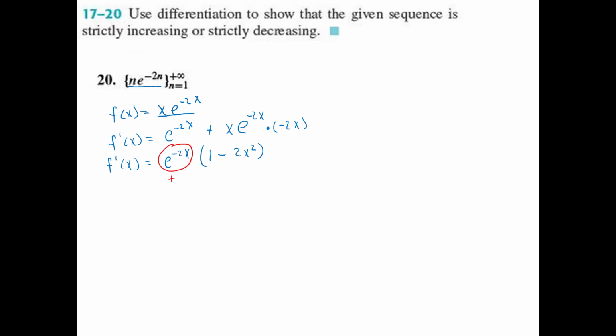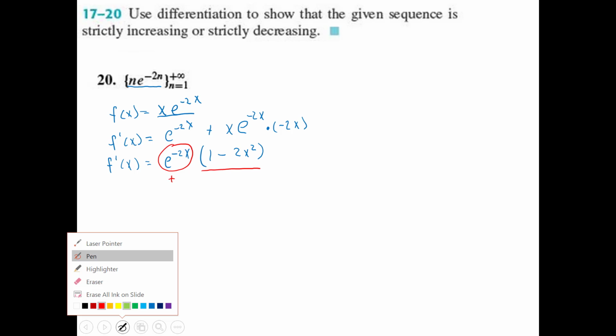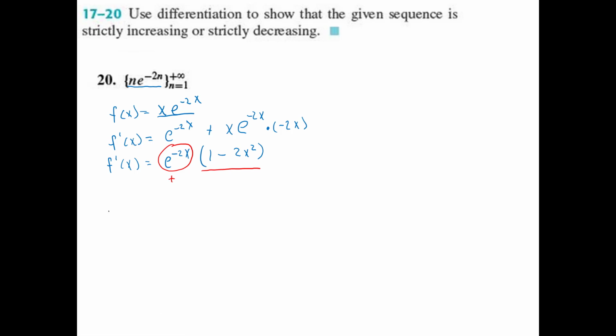And so then the only thing that is going to determine whether your first derivative is positive or negative is this factor right here. Now this doesn't factor very nicely, so we can just figure out what are the zeros of this part.